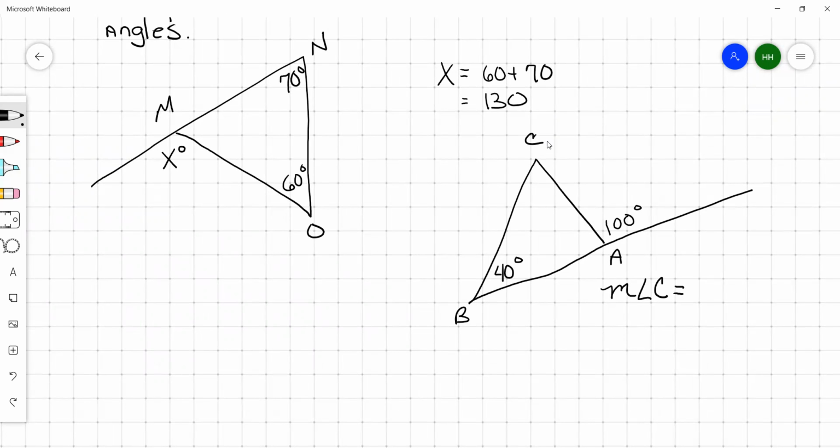You can write an equation here, or some of you don't need an equation to solve for angle C. What's the measure of angle C going to be equal to? Good, 100 minus 40. If the exterior angle is equal to the sum of the two remote interiors, then the measure of angle C is going to be equal to this exterior angle minus one of the other interior angles. So the measure of angle C equals 60 degrees.